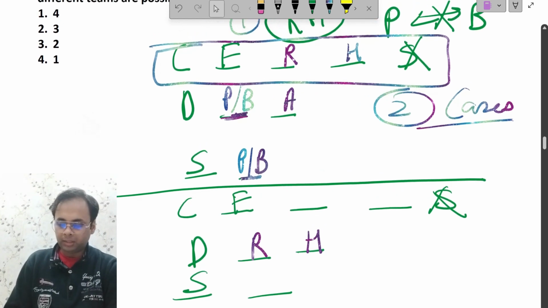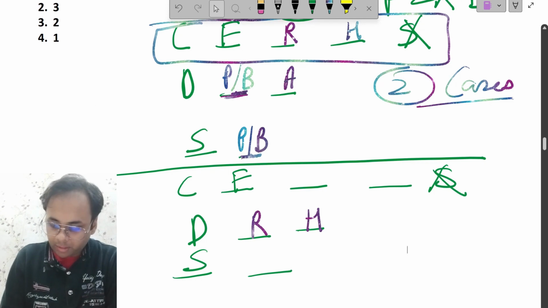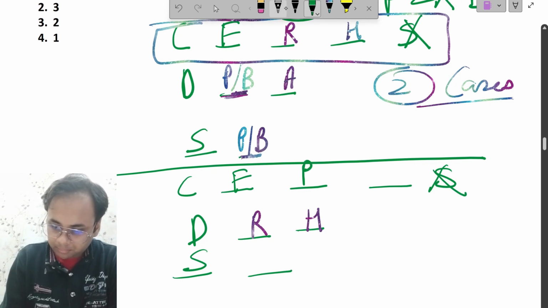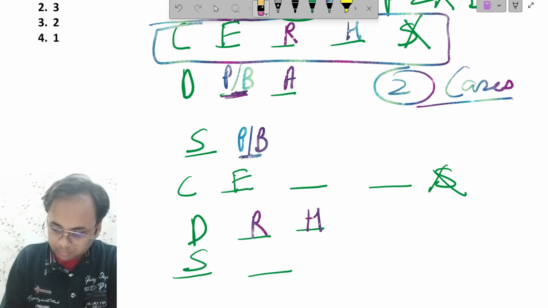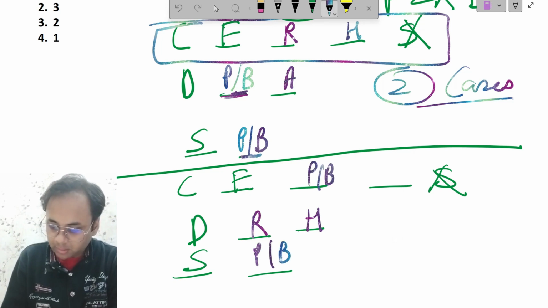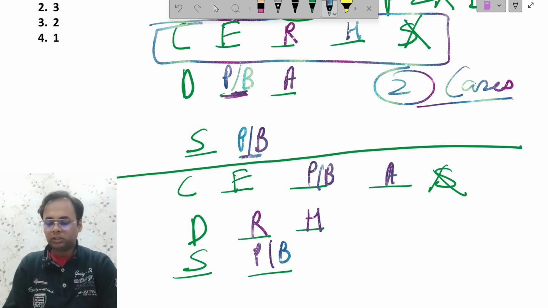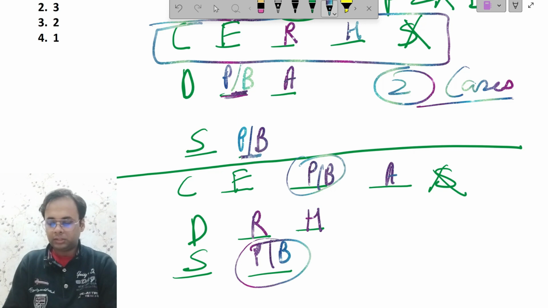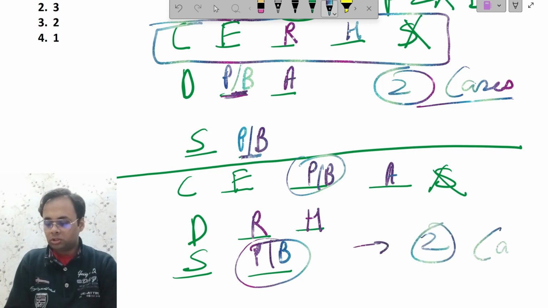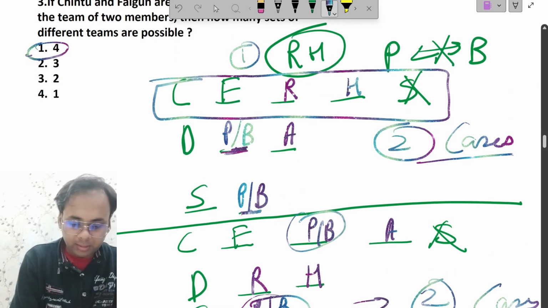P, B and A. How to place them now? Obviously P and B cannot come in the same place, so either P or B can come here, and then A is the only one which can come here. So there are two sub cases for P or B, so two cases for this. So overall four cases are formed.